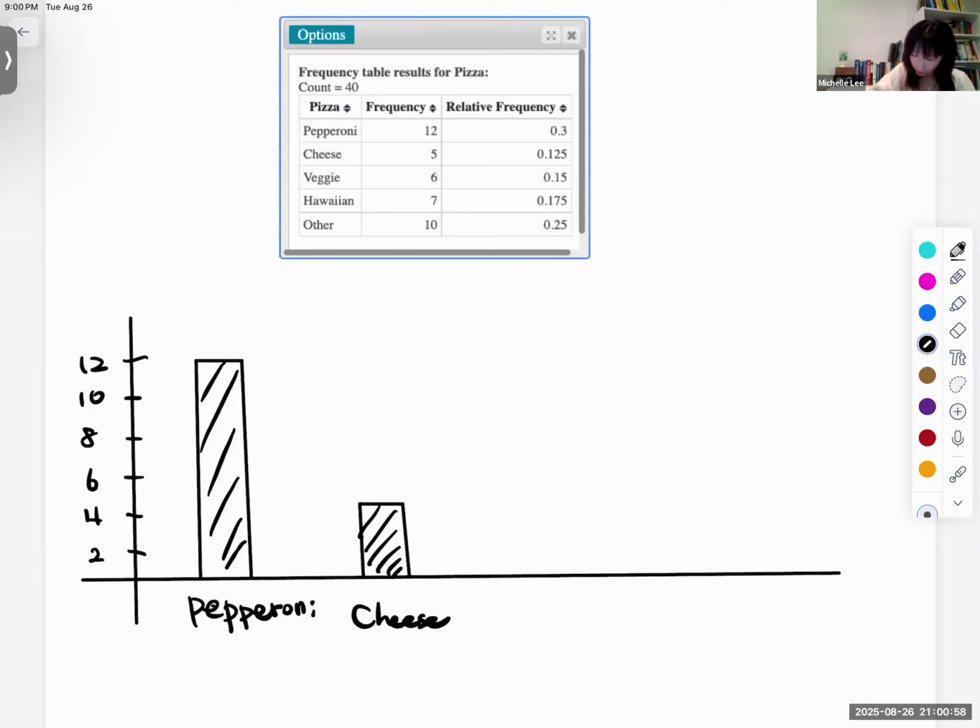Cheese. Okay, let me draw the rest. Veggie 6. And Hawaiian 7.